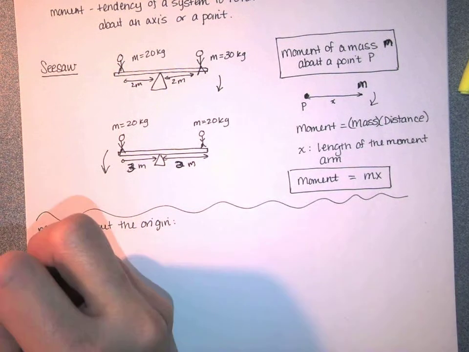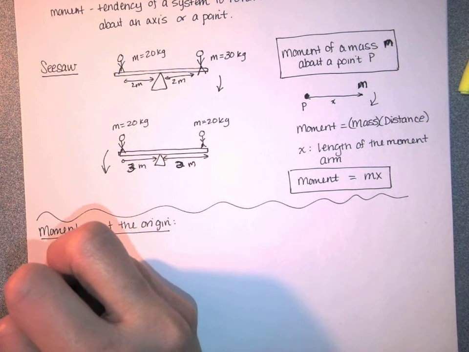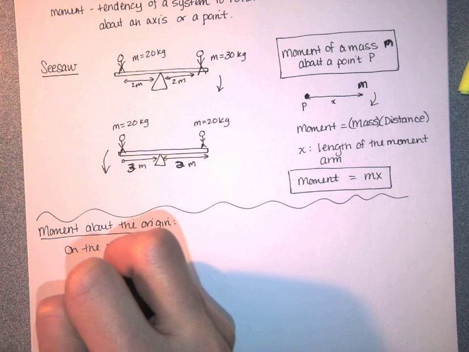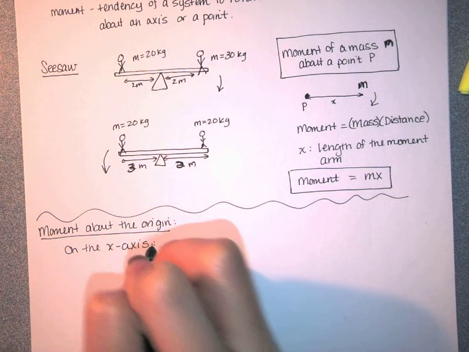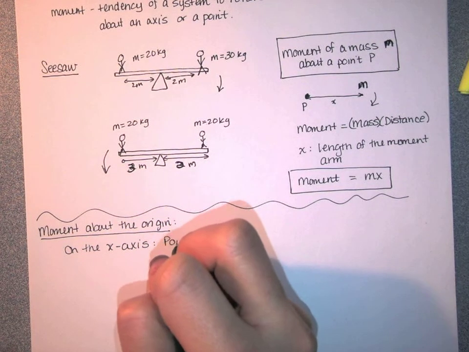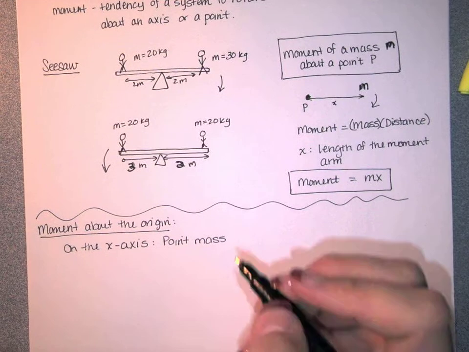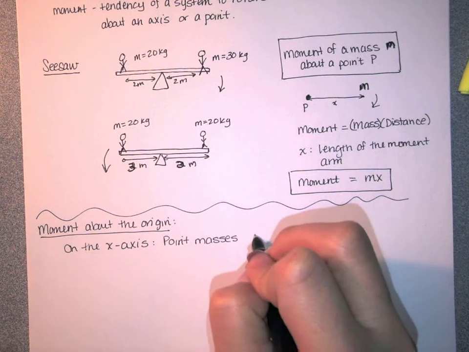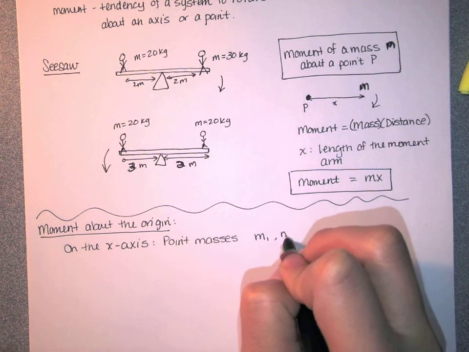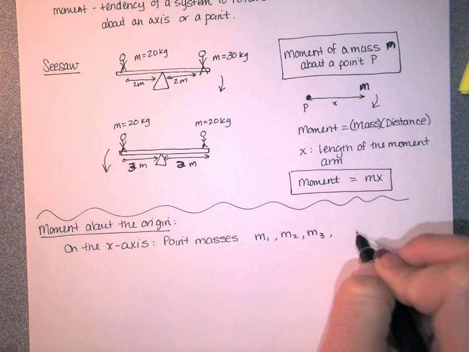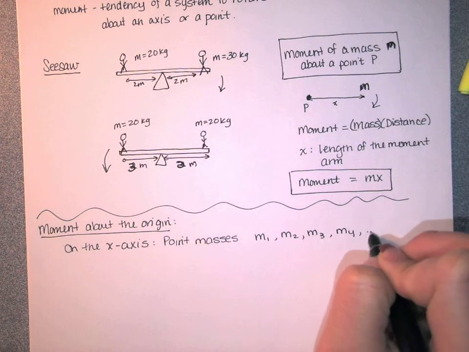So let's say we're on the coordinate line, so on the x-axis. We've got all of these point masses. So we're assuming all of the mass is concentrated at a single point, and those point masses have mass m1, m2, m3, m sub 4, m sub 5, all the way through m sub n.